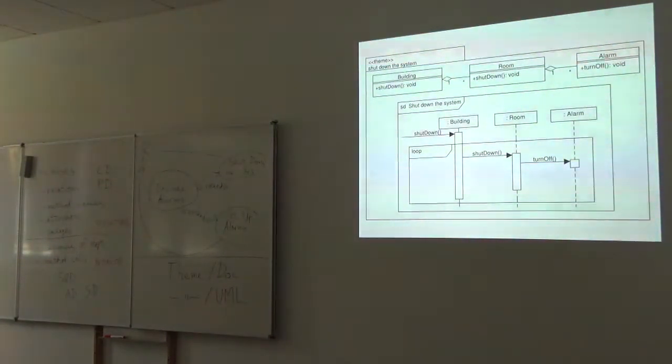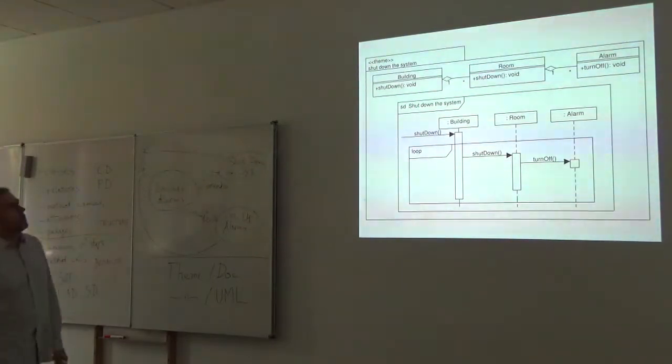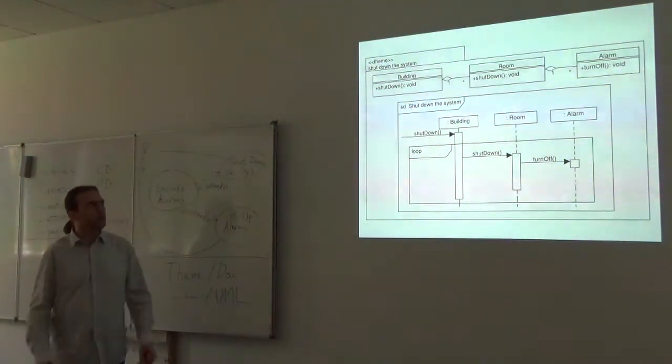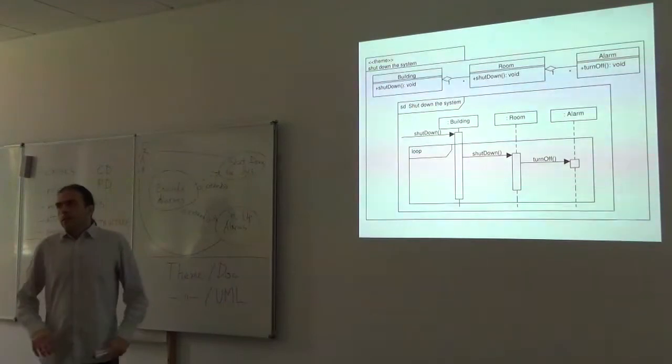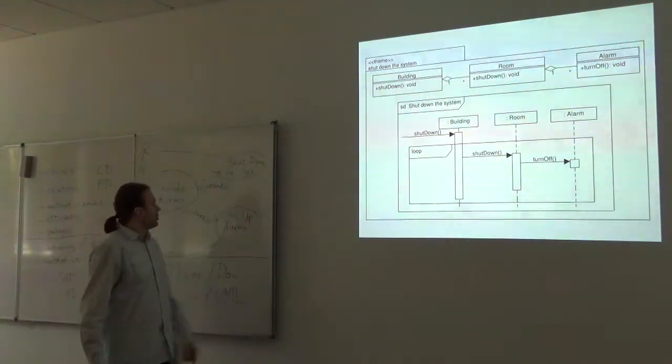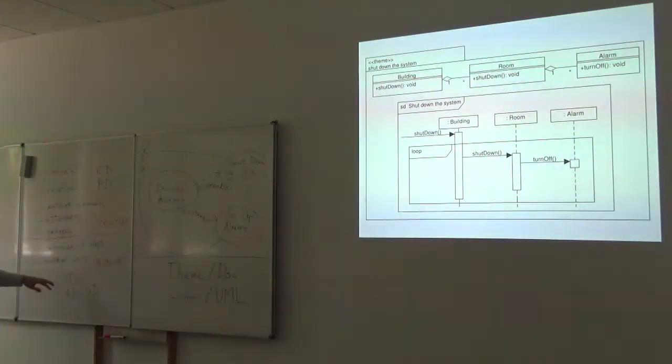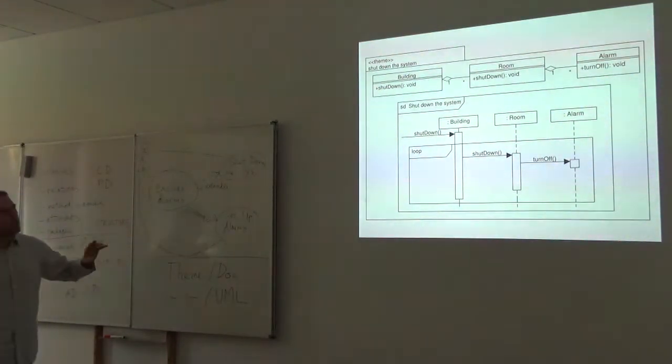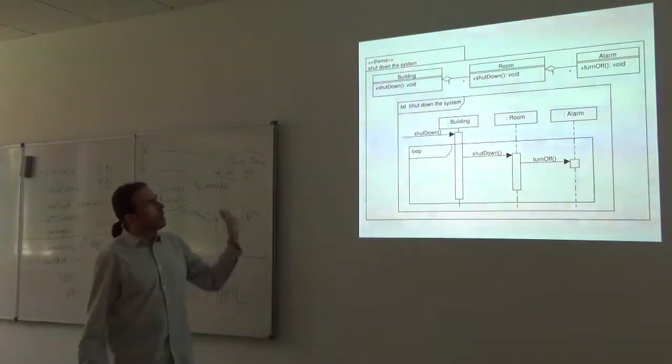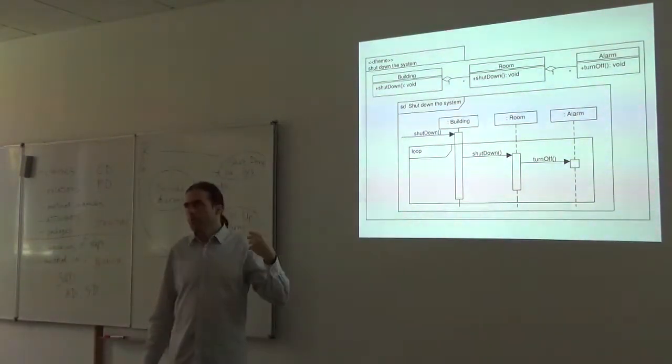So now, we might take a look at another theme, which is shut down the system. How it goes, actually. We actually might like to start not with structure, but with behavior, and dig out the structure from the behavior.